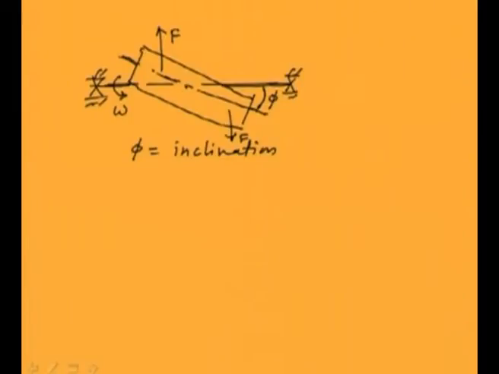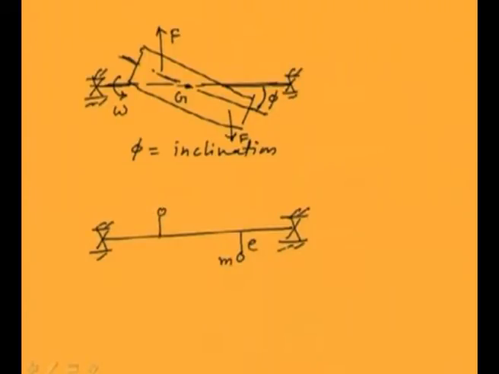For the time being, let us consider that the center of gravity is coinciding with the center of rotation of the shaft. So there is no eccentricity as such, but inclination is there now. So this particular rotor can be represented like this, in which we have m e here, m e.